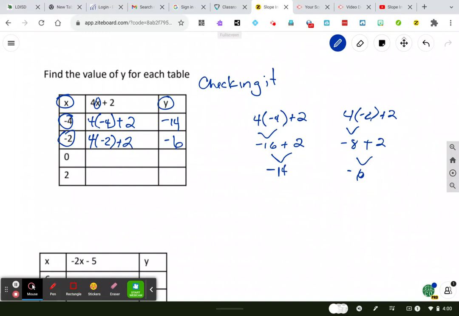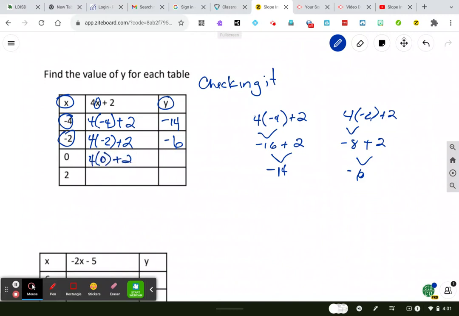Let me double check just to make sure. 4 times negative 2 is negative 8, plus 2 is negative 6. I wrote it wrong in my other notes. I'm glad I caught that.